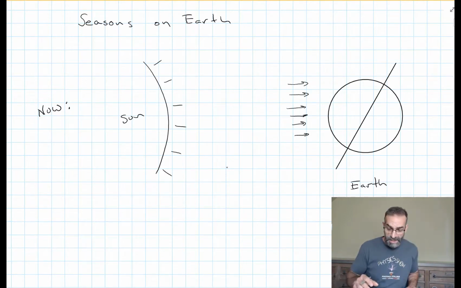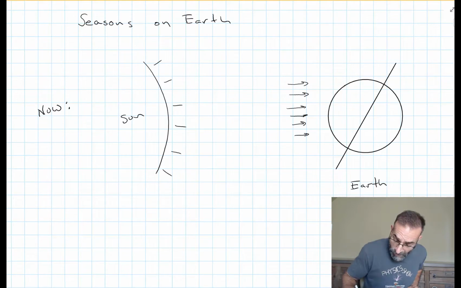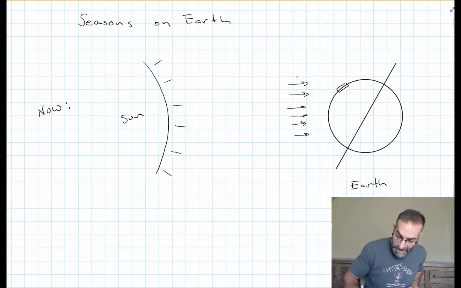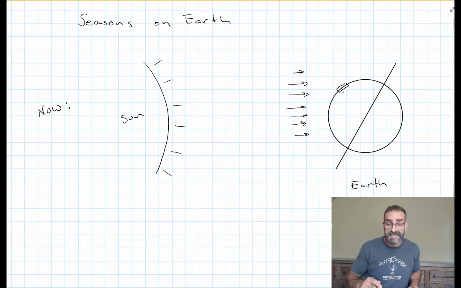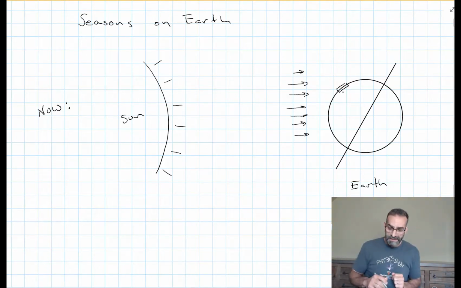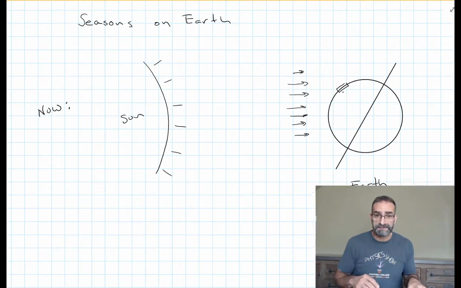And let's pick a point on the Earth. How about right here? We'll pick a little section of the Earth right there. And the sunlight is coming in and hitting that section at a fairly steep angle. So think about this for a second.